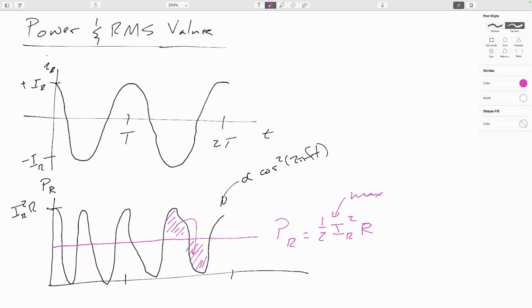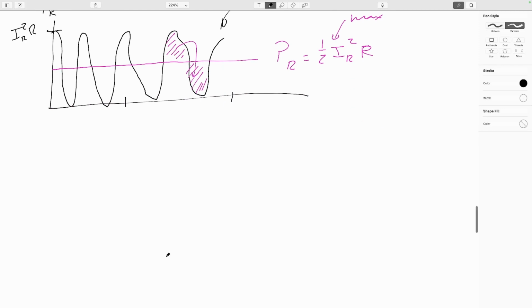So the way that this works out is it ties in nicely with the RMS values. You have to use the methods of calculus to obtain them. But what we can do is define the RMS values of, say, current and voltage.